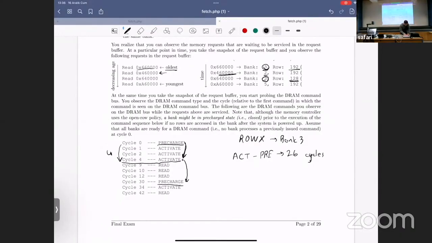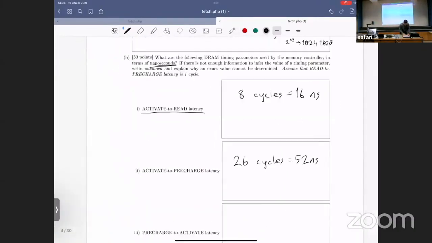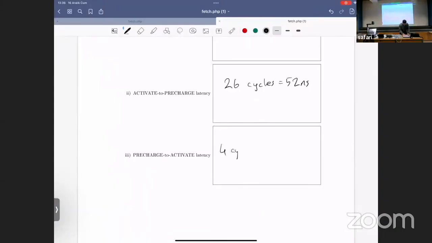And the difference is 4. And if you look at here, it's the same. We pre-charged bank 3 and we opened row 128 in that same bank. And we spent 4 cycles again. So this must be the pre-charge to activate latency. And 4 cycles is exactly 8 nanoseconds because, again, clock period is 2 nanoseconds.